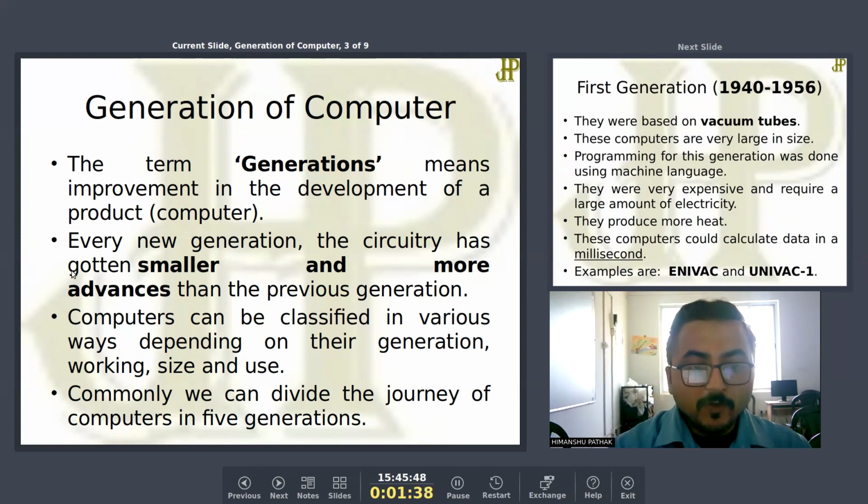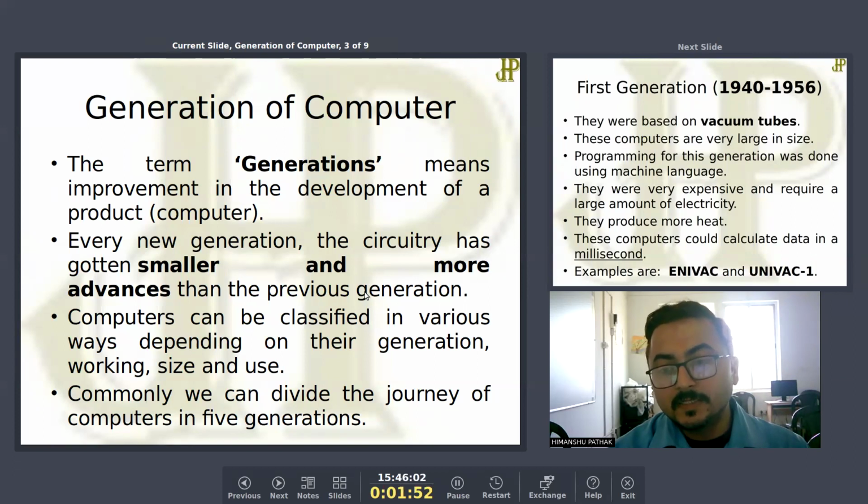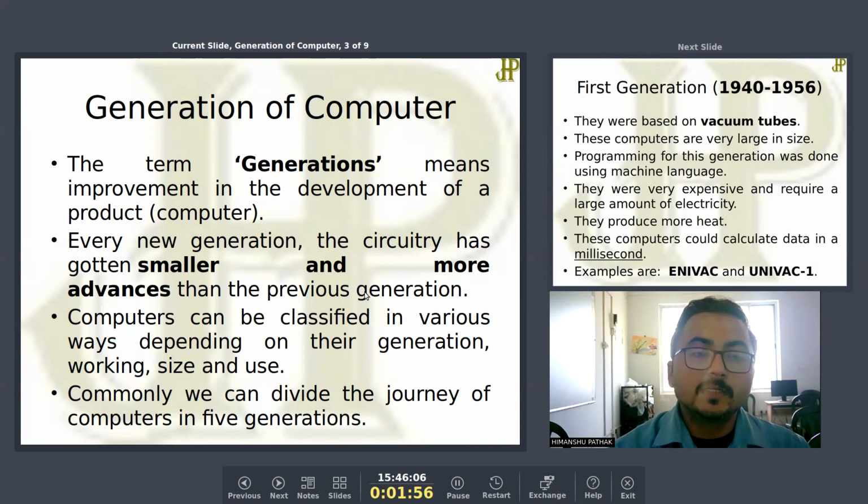Thus, every new generation, the circuitry has gotten smaller and more advanced than the previous generation. That's why in earlier times, you can see that your computers are heavy ones, but nowadays the computers are in your palm.